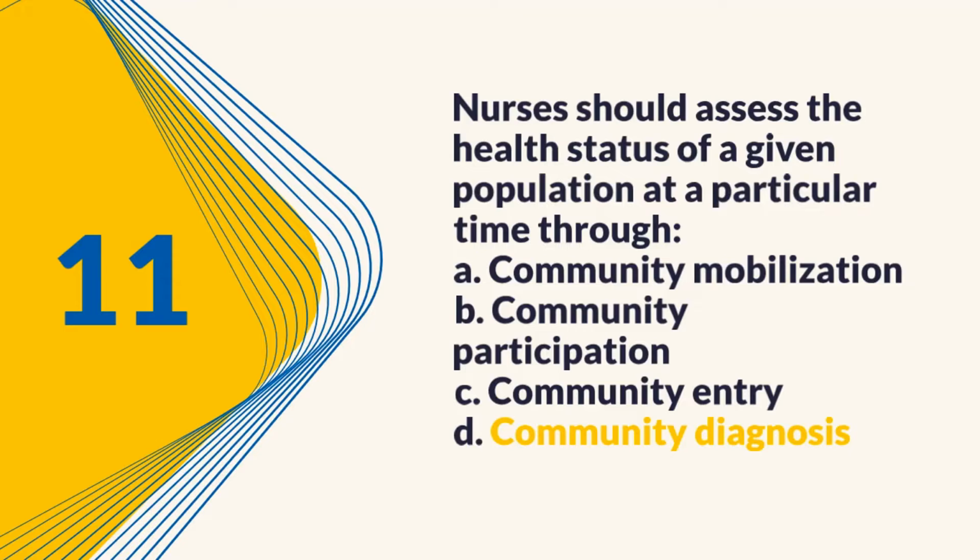This involves systematically gathering and analyzing data to identify health issues and needs. Options A and B are important for engaging the community, but they don't specifically refer to assessment of health status. Option C, community entry, is about starting work in a new community. So, the correct answer is D, community diagnosis, because it directly relates to assessing health status.